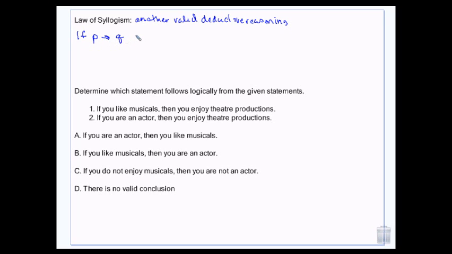If I have if P then Q, and then I have if Q then R, and they're both true, then P to R is a true statement.